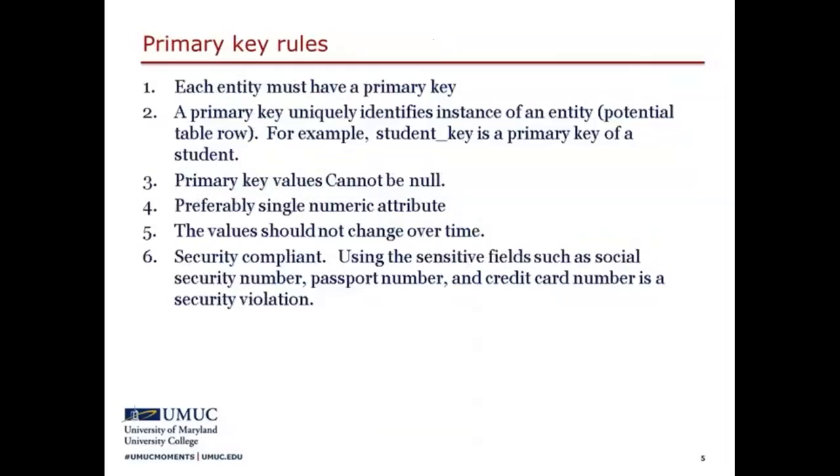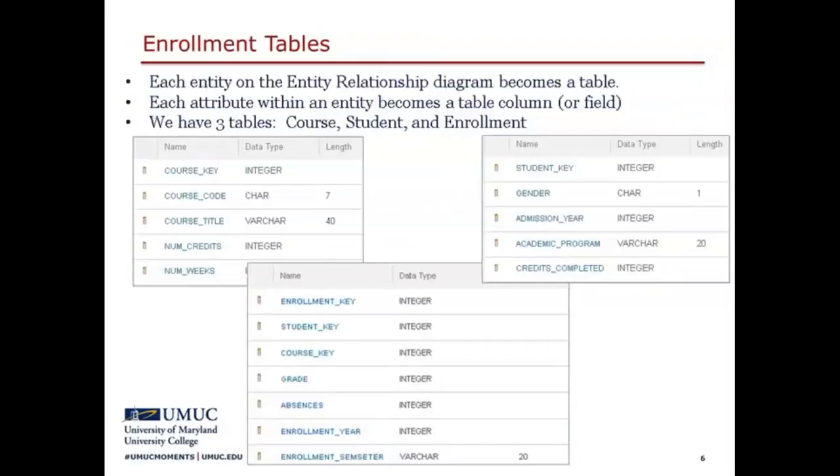So now what we need to do here: I defined my business rules, and I defined what my entities are. Every entity will become a table. So here in Big SQL, I'm going to have 3 tables. I'm going to have to write the create table statement for the course, for the student, and for the enrollment.